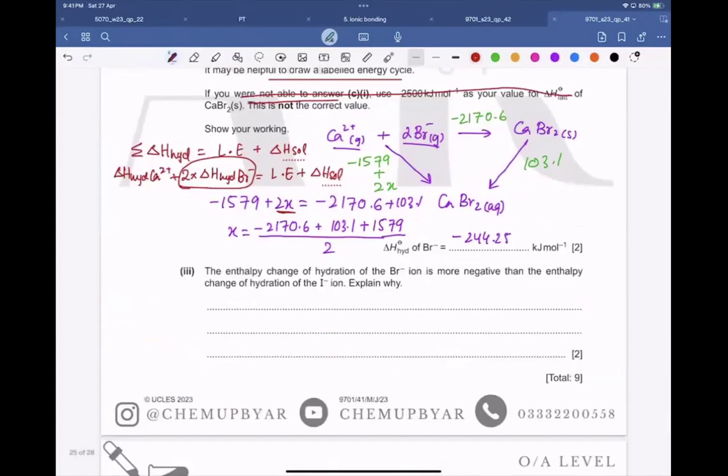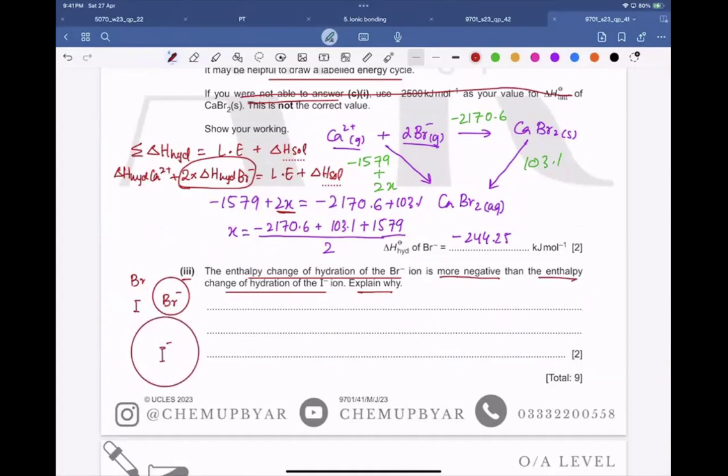Now, third part: the enthalpy change of hydration of bromide ion is more negative than the enthalpy change of hydration of iodide ion. Explain your answer. So yes, when you look in the periodic table, iodine is below bromine. So if the size of bromide is this much, then the size of iodide ion must be bigger.